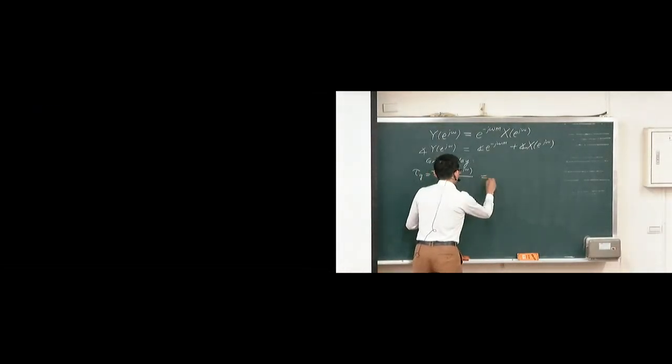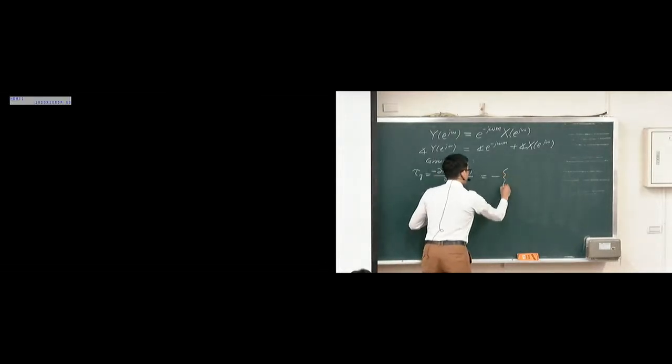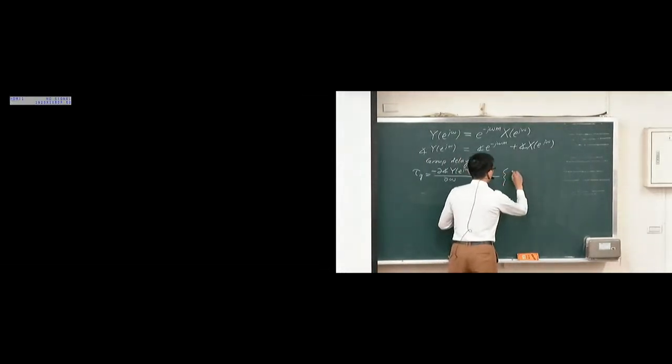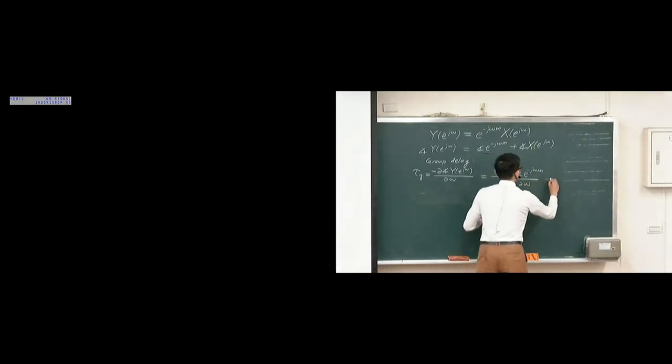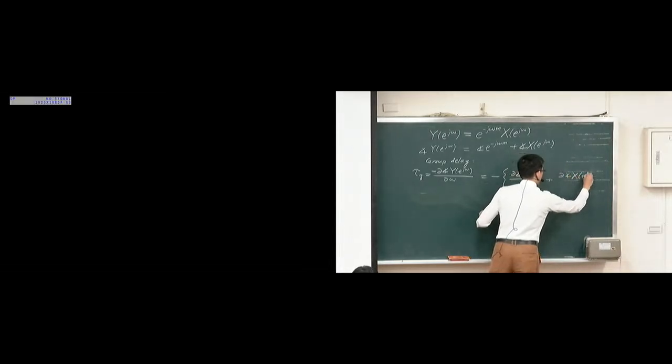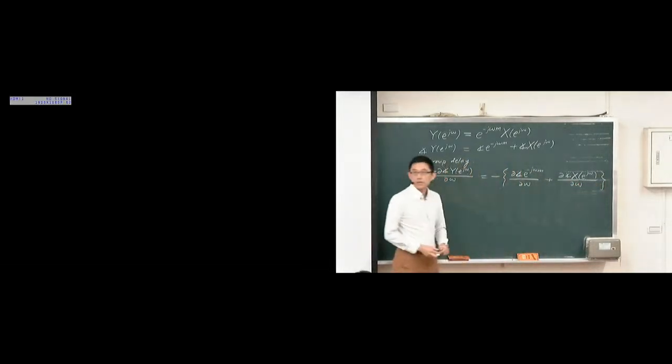So if you do that, there's a negative sign, and then we are talking about partial with respect to omega of the phase of this term, plus the partial of the phase spectrum of x, also with respect to omega. So there's a simple equation, right?